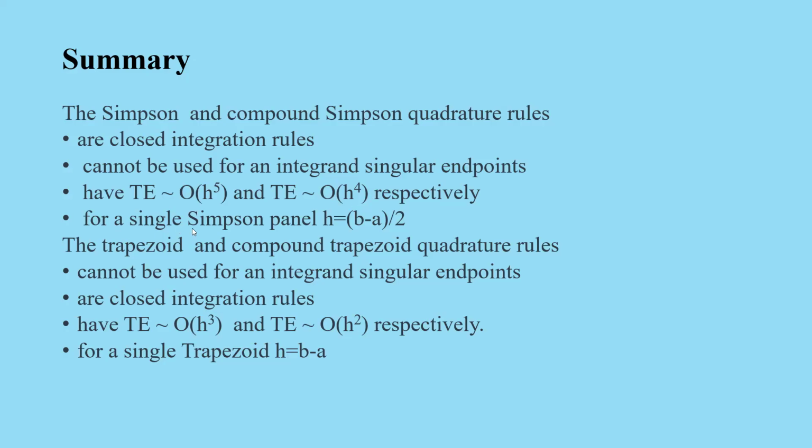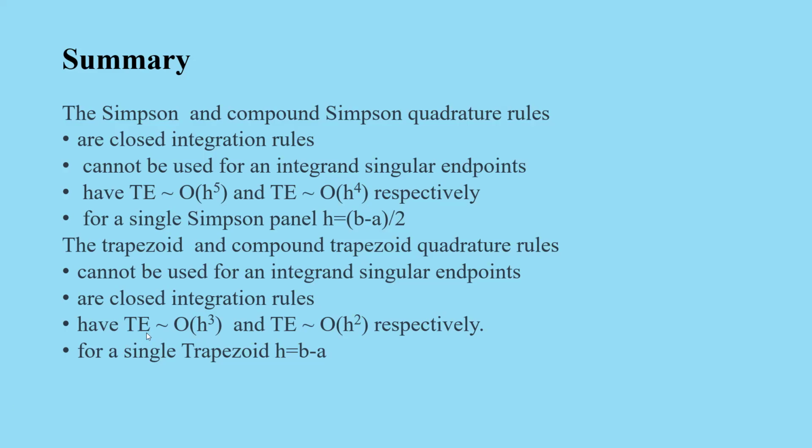And for a single Simpson panel, the step size is found by this equation, b minus a over 2. For the trapezoid and compound trapezoid quadrature rules, we cannot apply this method for singular endpoints because these are closed rules, okay? And we have to evaluate the function at the lower and upper limits of the integral.